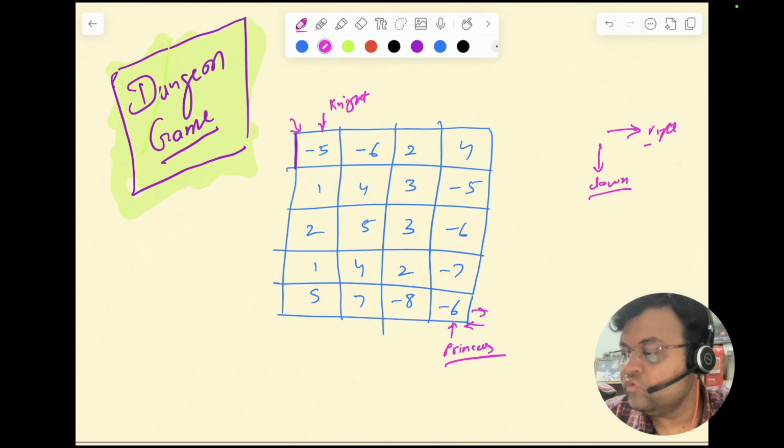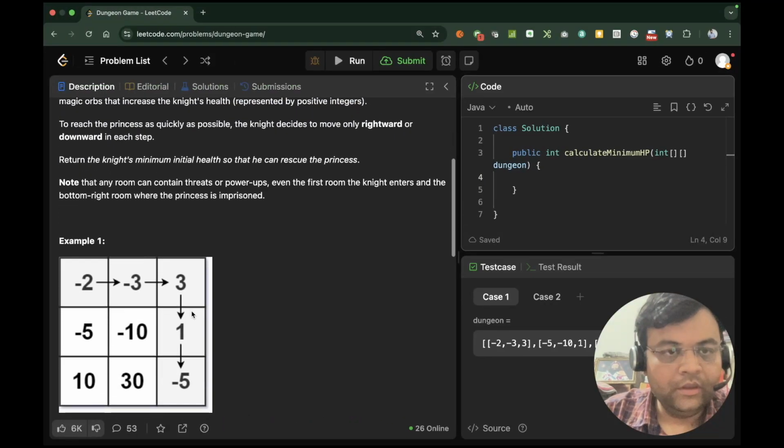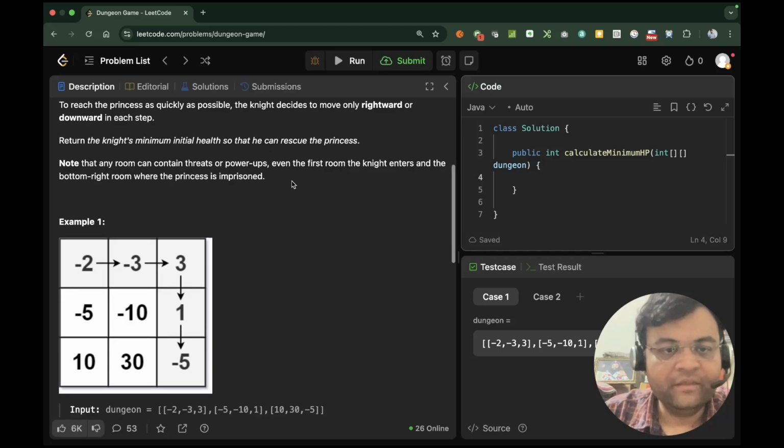These are the two moves allowed for the knight. Note that any room can contain threats or power-ups, even the first room the knight enters and the bottom right room where the princess is imprisoned.